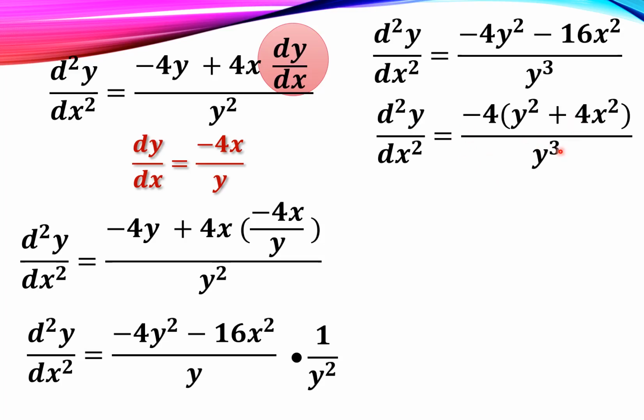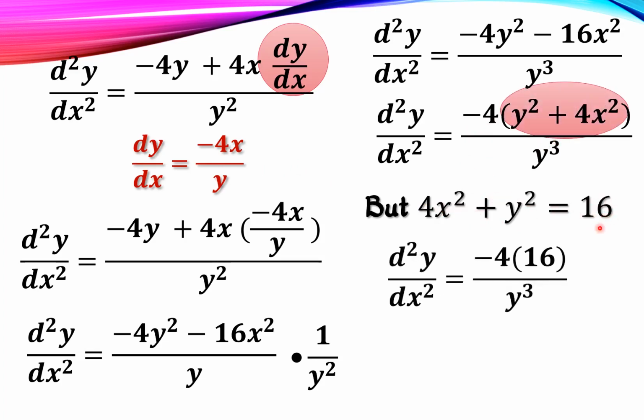Because, as I told you earlier, you have to remember the given. This is our given, 4x squared plus y squared, and we get the first derivative. This is the first derivative, and we are working on the second derivative. Since 4x squared plus y squared is the same as this and has a value of 16, we can replace this by 16.